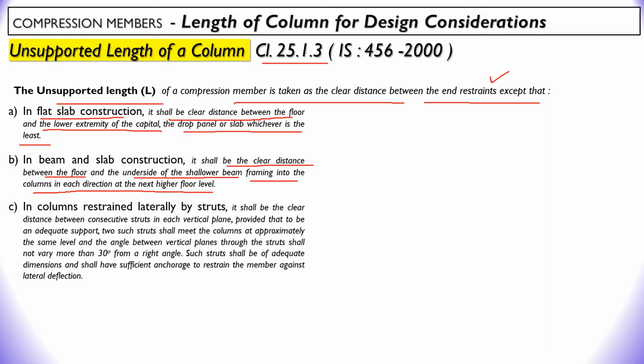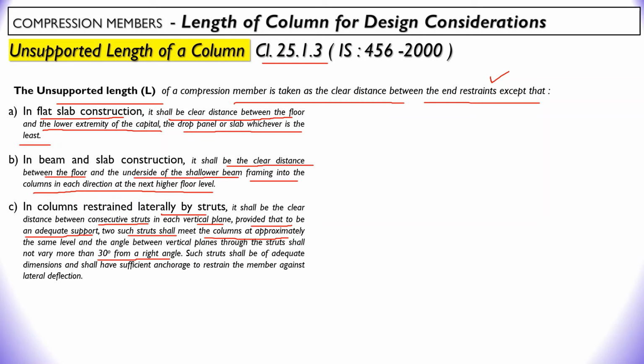The third point is a column which is restrained laterally by struts. When you calculate the unsupported length, it will be given by the clear distance between the consecutive struts in each vertical plane, provided that they have adequate support, that two such struts meet the column at approximately the same level, and that the angle between the vertical planes through the struts shall not be more than 30 degrees from a right angle.